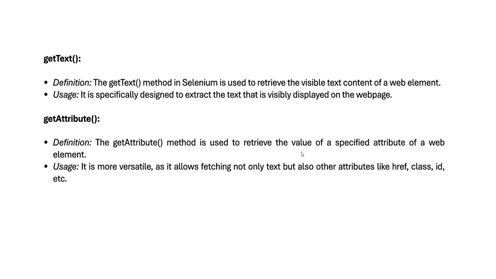When you inspect at the element level, you can see what the ID of the element is, what the class is, and other details, right? Suppose you want to get the href or the class, what is the class that is being used? At that time, you can use the getAttribute method.